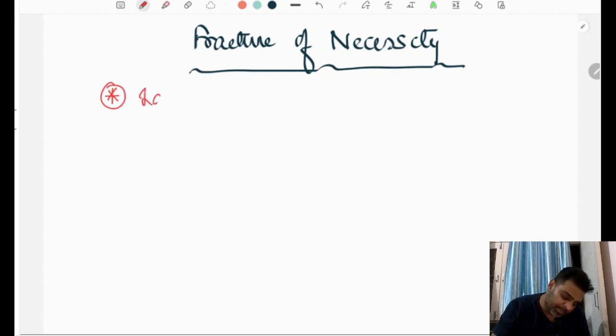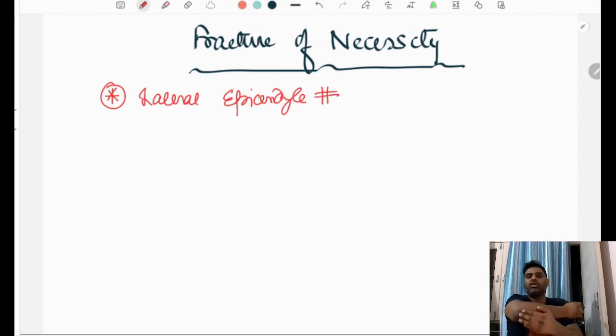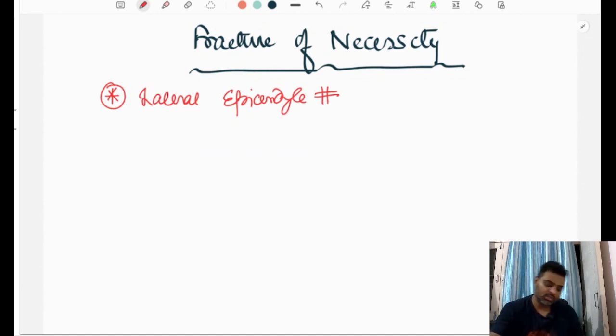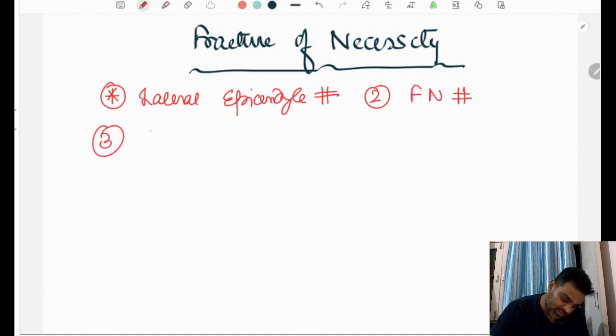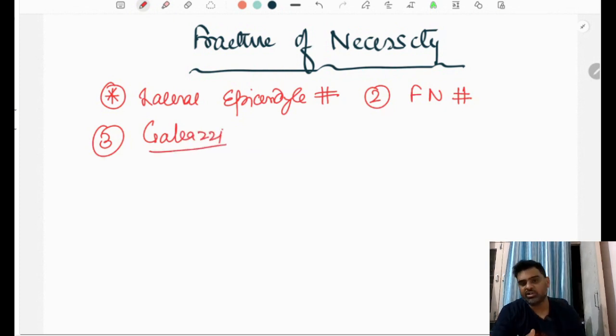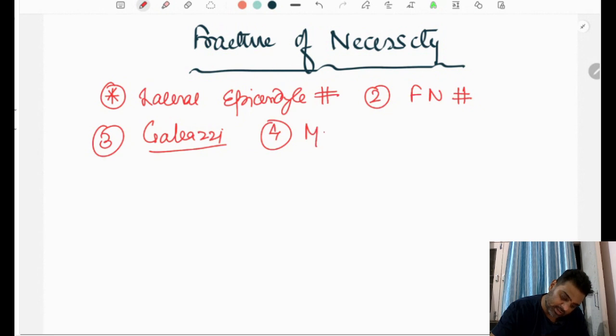These are the lateral epicondyle fracture. Why? Because on the lateral epicondyle the extensors are attached, so they pull it. Second is femur neck fracture. Third is Galeazzi fracture, that is distal radius fracture along with radioulnar dislocation. Fourth is Monteggia fracture.